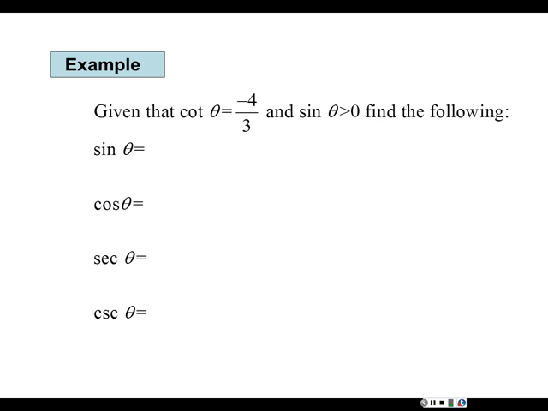Look at the second quadrant. This is the negative side of x, right? But the y's are still positive. We don't have any problem with the y's. So that's why I keep x as negative, y as positive. Because one of these is negative for sure, right? We don't know which one, but just from the second quadrant we know this.